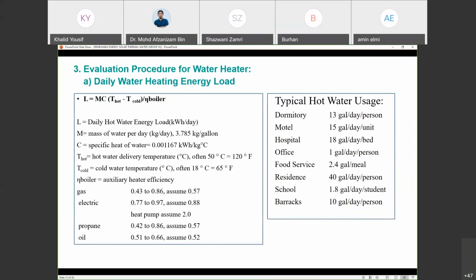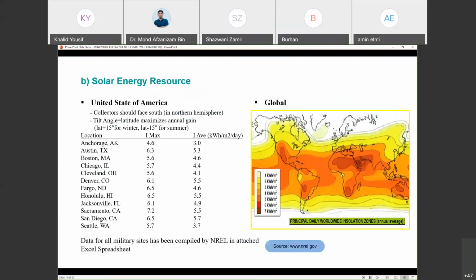For the solar energy resources, you can see here there's a difference between the United States of America and the global for the resources, and regulations can be different, because for this one I used the reference from the United States, which is from NREL dot gov.